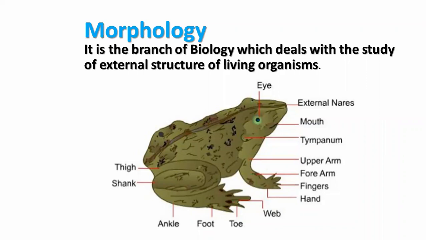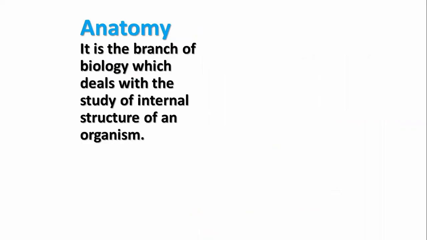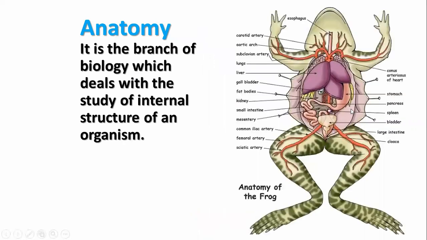After morphology, the next branch of biology which we are going to discuss is anatomy. What is anatomy? Anatomy is defined as the branch of biology which deals with the internal structure of a living organism. Here we are going to discuss the anatomy of a frog.